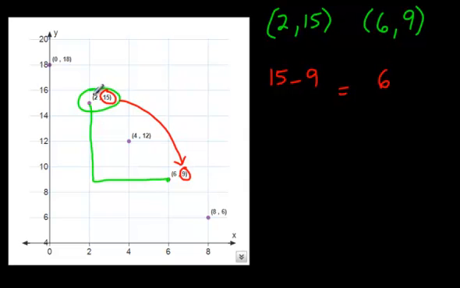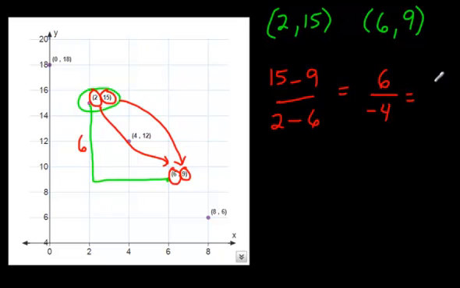The x values are going to give us the run. 2, and then you're going to go this direction, okay? 2 minus 6. Now be careful, 2 minus 6 is not 4. 2 minus 6 is actually negative 4. Okay? Now reduce that, divide them both by 2, and you end up getting 3 over 2.